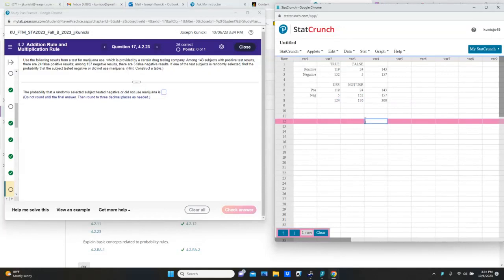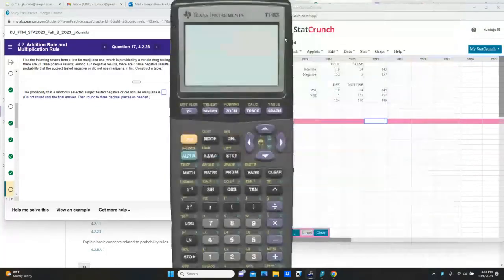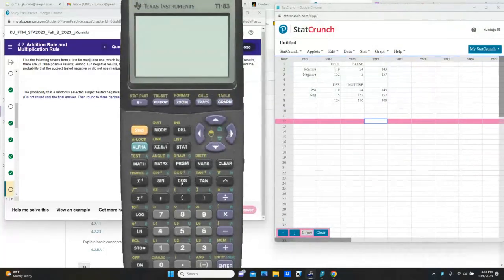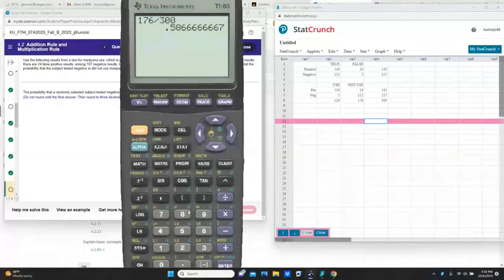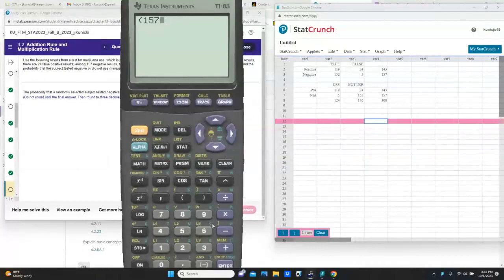Now, they want to know the probability that it's an or: tested negative or did not use. So that's the bottom row with the right column. So it's the negative row with the not used column. So in the calculator, I would take the bottom row, which is 157, and the second column, the not used column, is 176.